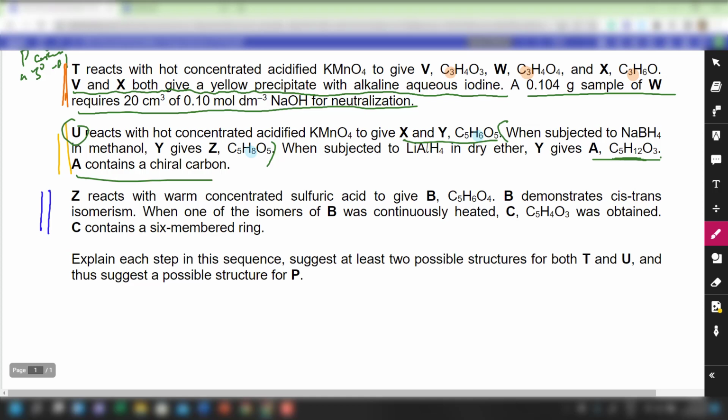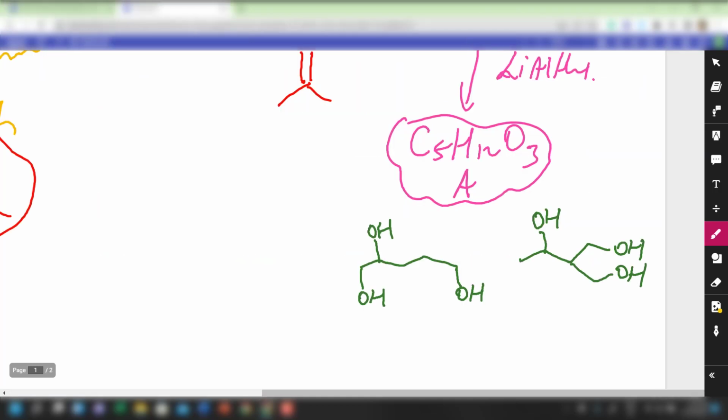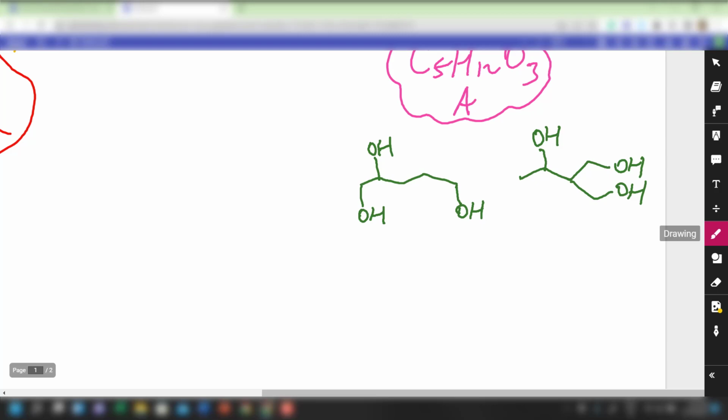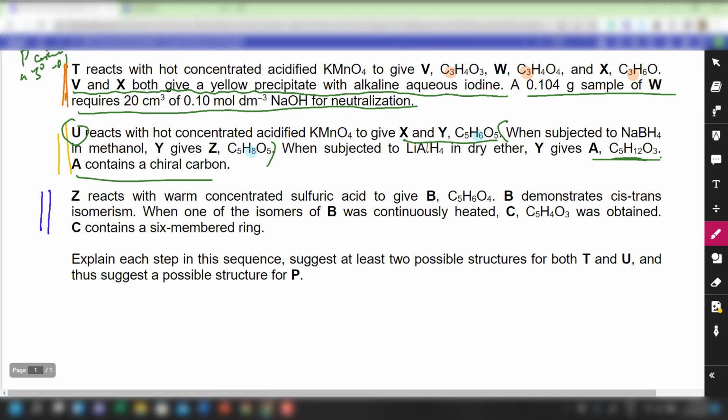Based on the two structures I have drawn, these are the two potential candidates for A, so I'm able to predict the two potential candidates for Z. Can I say that, because the two potential candidates for Z depend on A? Because A and Z come from Y.